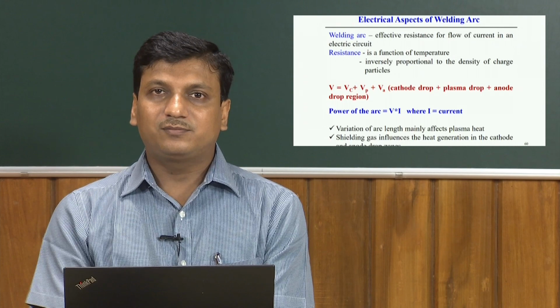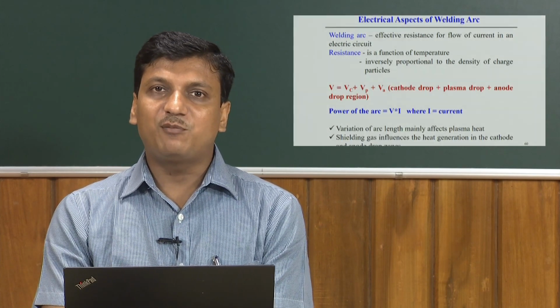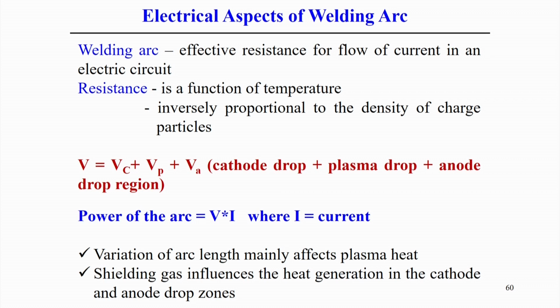Variation of the arc length actually affects the amount of heat generation, because it alters the voltage drop between the cathode and anode.